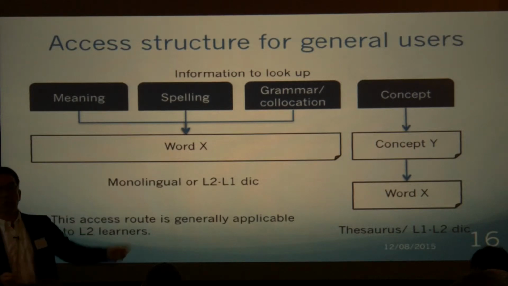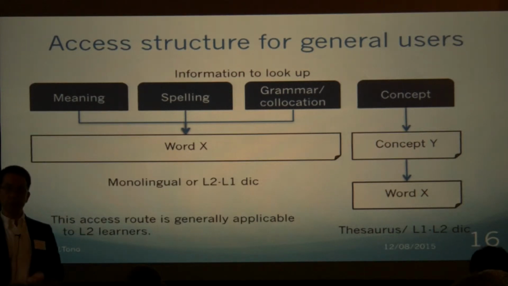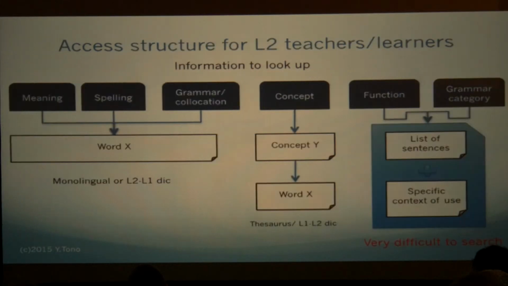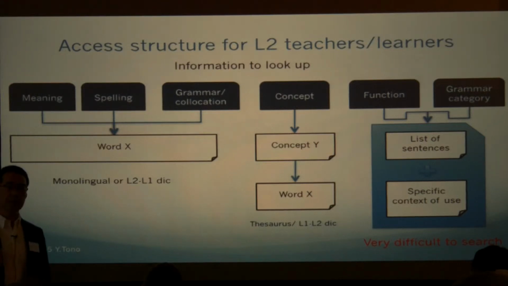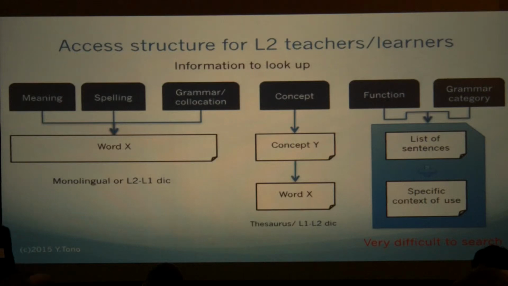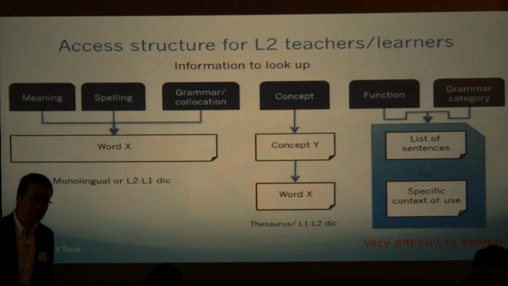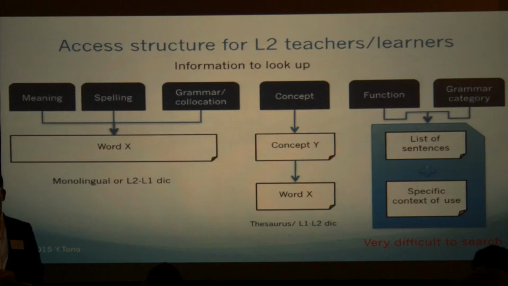In the case of the thesaurus type, you search for the concept or topic. Then you go down into an actual list of words so that you can choose the particular words which suit your needs. But for language teachers, there are other lookup needs. For example, they want to show all the examples related to a particular language function, for example, making a request, showing agreement, offering some help.